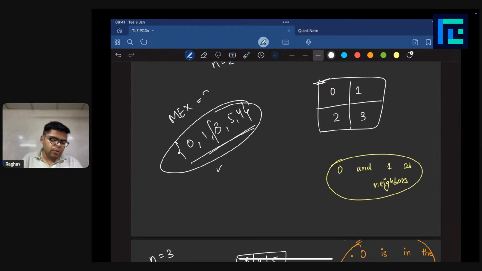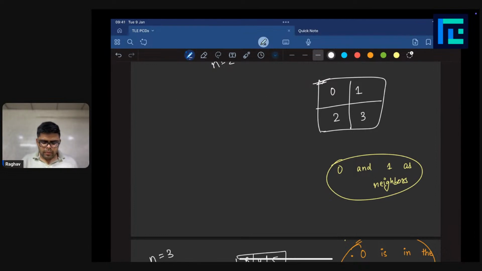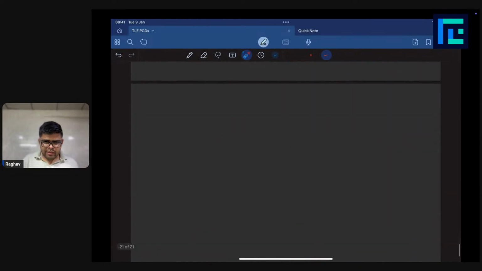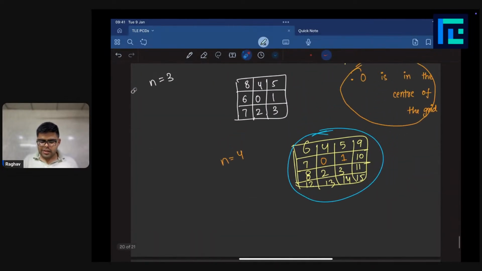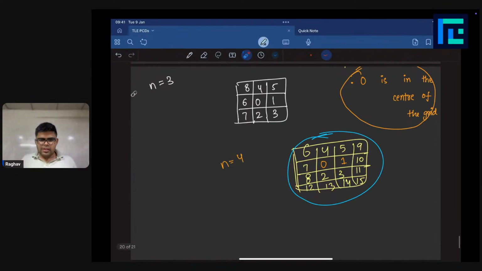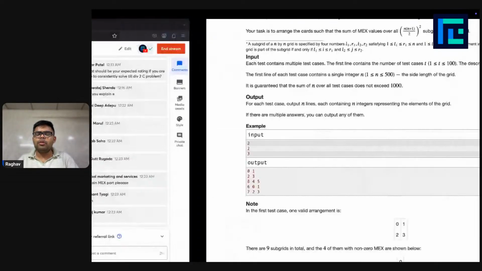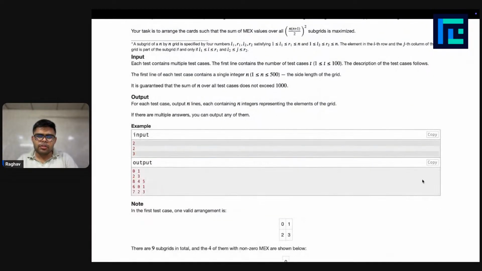So MEX would be equal to 2 here. I just forgot to talk about MEX here because this is something very common for the C problem and above. I forgot that for some people this might be new. Some might be looking at MEX for the very first time. So I'm sorry about it.